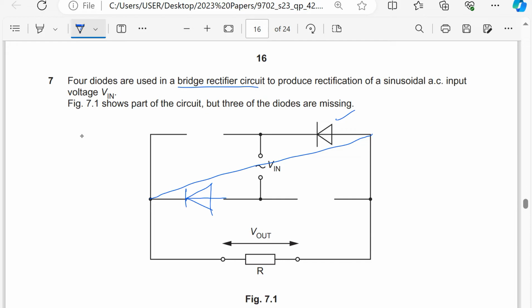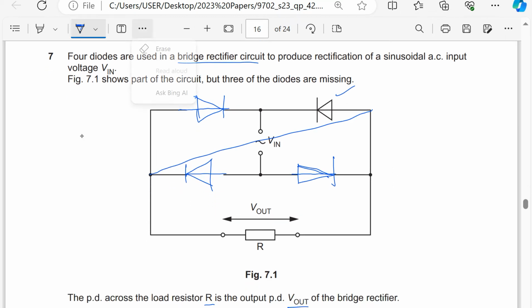And therefore, this diode here should point in the same direction as this one, and they should point in the opposite direction, of course. Okay, we can check. I'll remove this diagonal line.